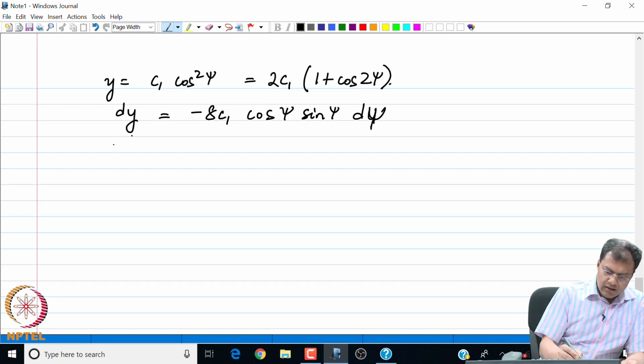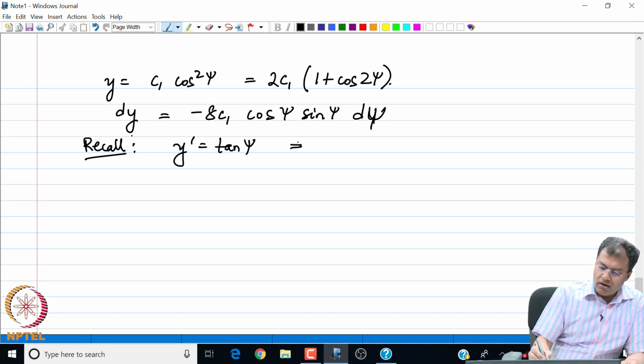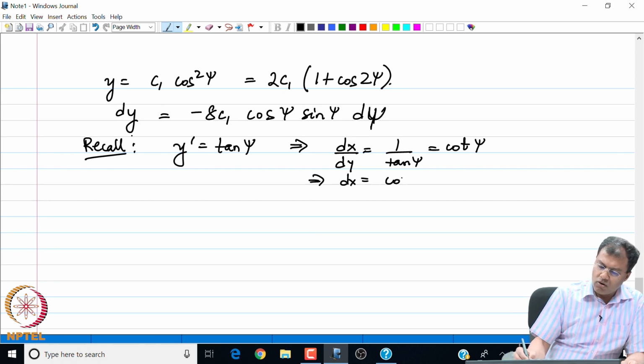Then recall that y prime was tan psi. That is what we began with, so from here I can see that dx by dy is 1 over tan psi, which is also equal to cotangent of psi.